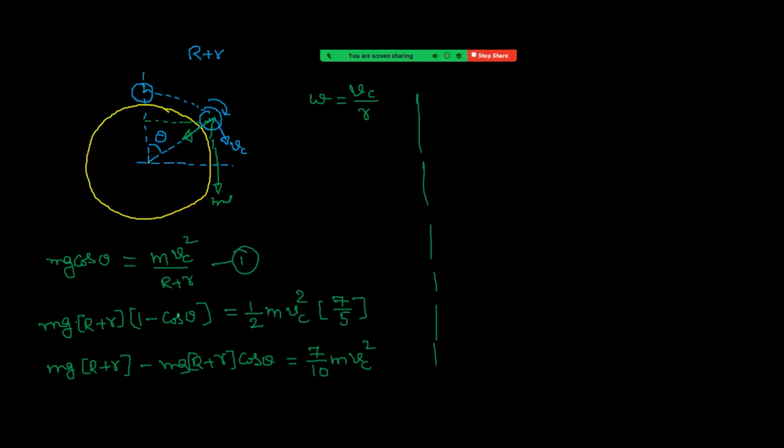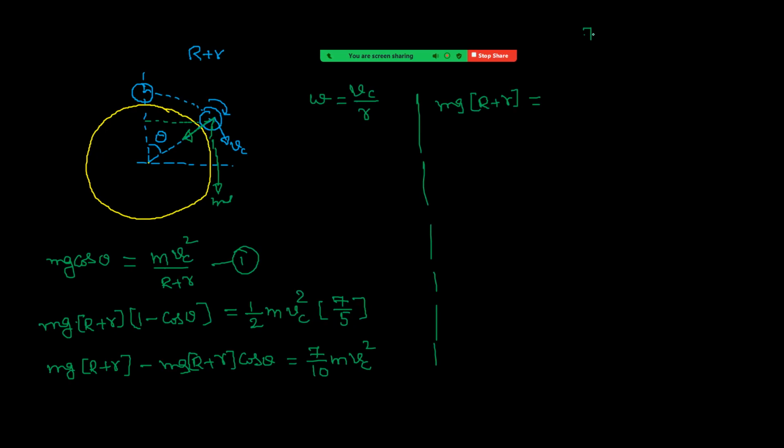Now see carefully, in the place of mg into R plus r into cos theta, see here equation 1, mg into R plus r into cos theta, I can write in this place m vc square. In this place, m vc square. So mg into R plus r is equal to, this is 7 by 10 plus 1.